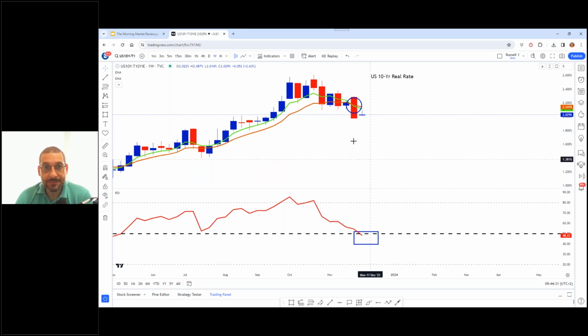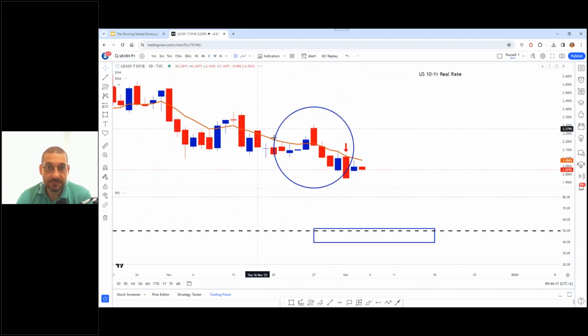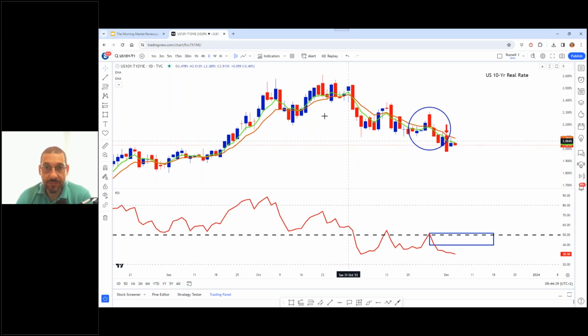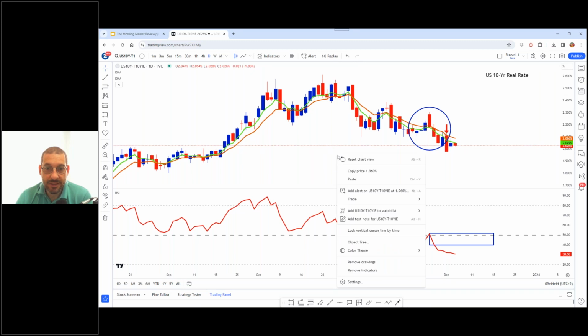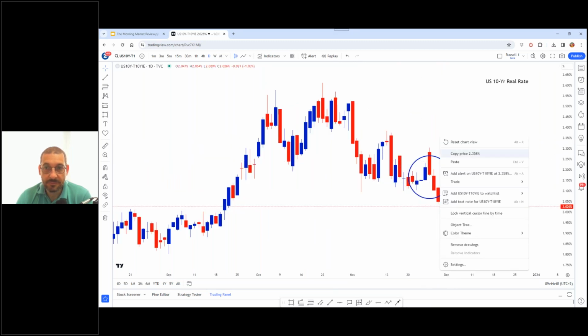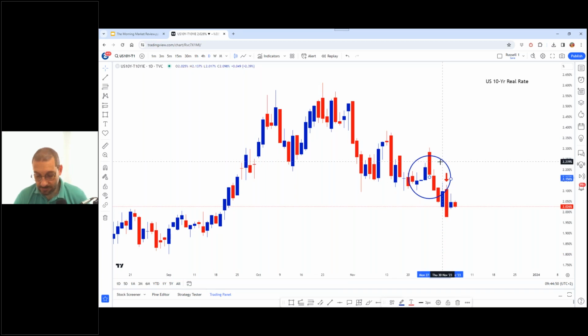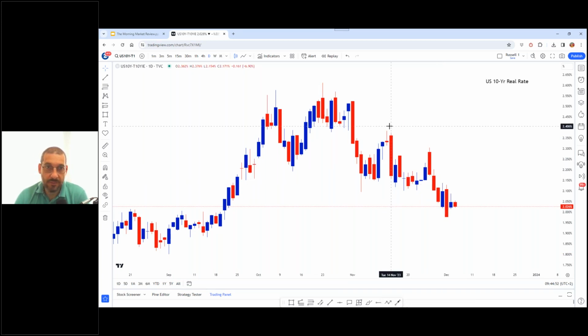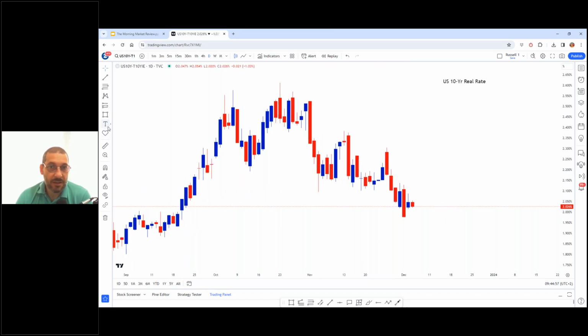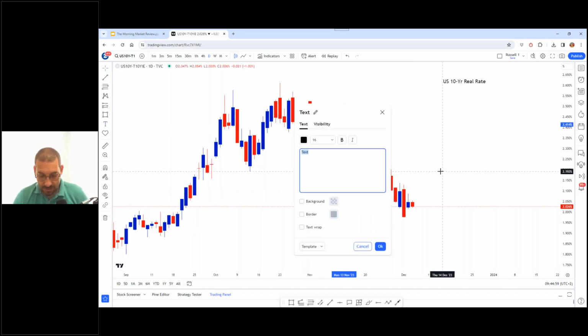So if we go through to the daily chart, let's take out the indicators. What you can see is that we've got a peak.